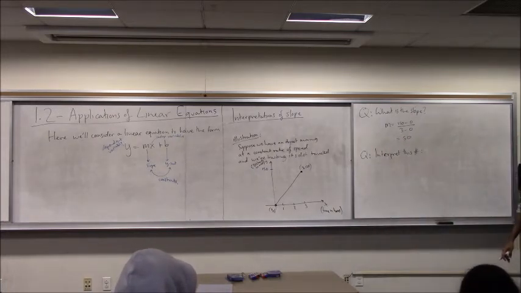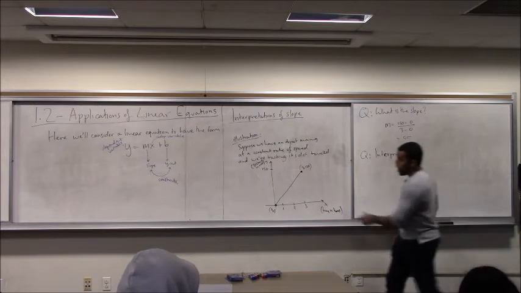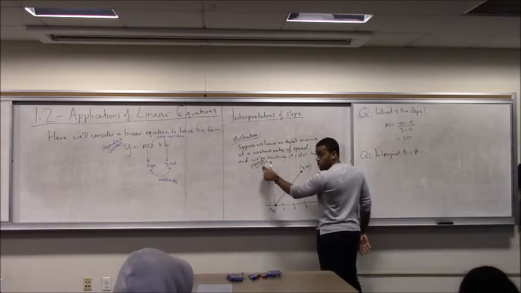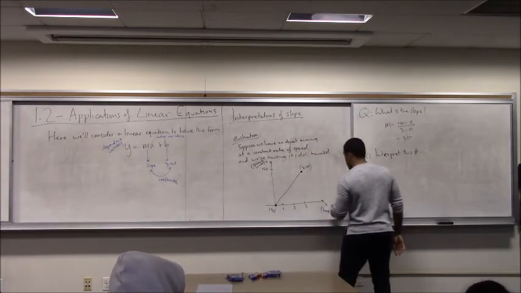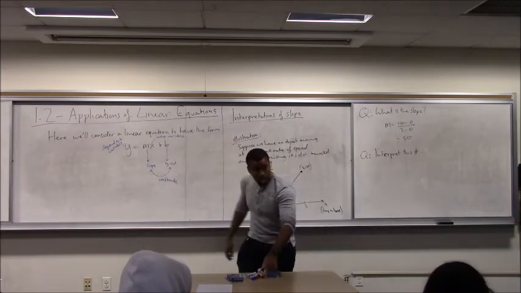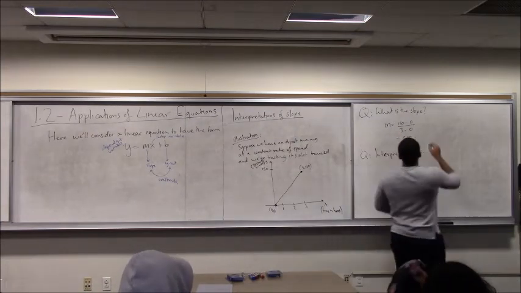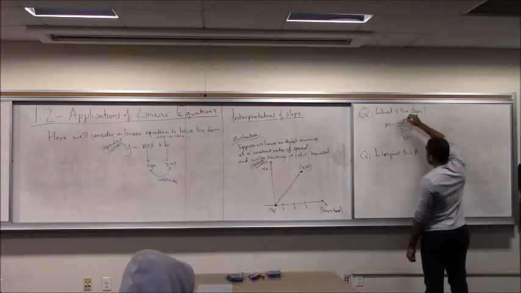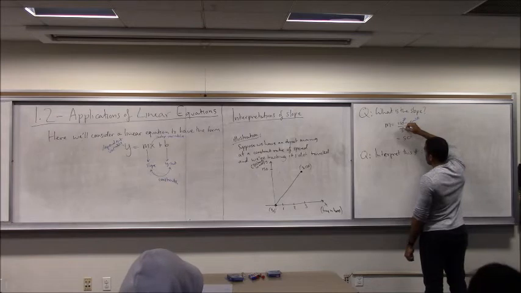Total. It's driving at 15 miles per hour. 15 miles per hour would be the interpretation, because our y-axis is measuring units of miles and our x-axis is time in hours. In other words, this ratio has, in its numerator, units of miles, and in the denominator, units of hours.